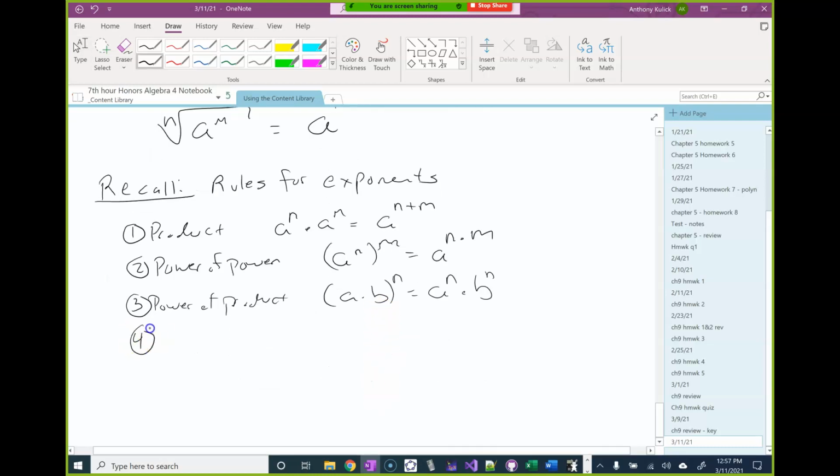Let's see, we have the quotient property. If I have a to the n over a to the m, that's a to the n minus m. Which again, if you have a fraction with x cubed on top and x squared on bottom, the 2 x's on the bottom can cancel with 2 of the 3 x's up top, and you're left with just 1 x left over.